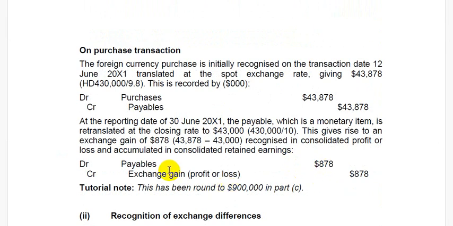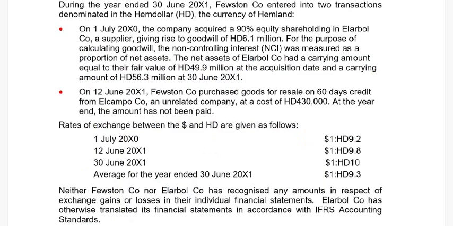This was coming from exhibit 1. FCO purchased goods for resale on that date.